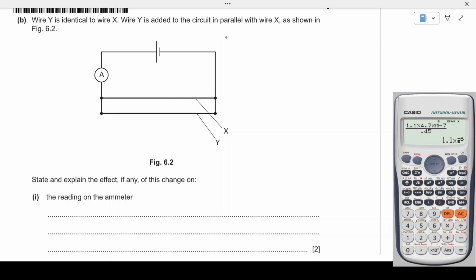We know this thing for sure. For example, if you have a single resistor with resistance 20, if you have two resistors with resistance 20 connected in parallel, then the total resistance would be 10. So the more the resistors in parallel, the less the overall resistance. So the total resistance decreases.